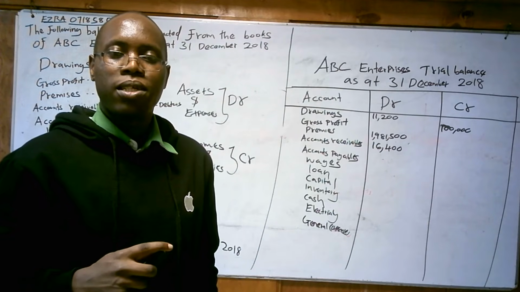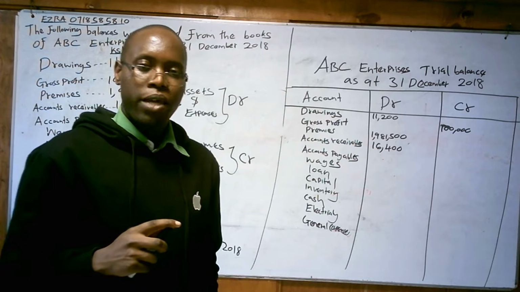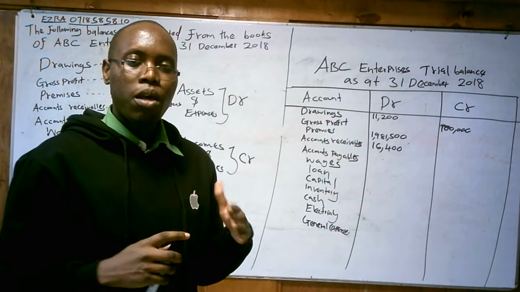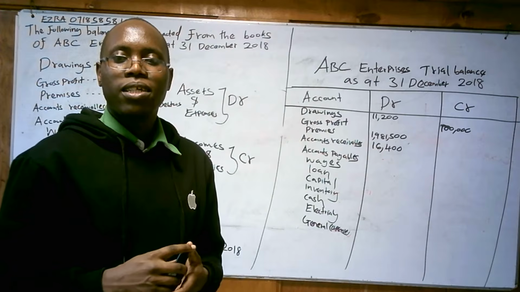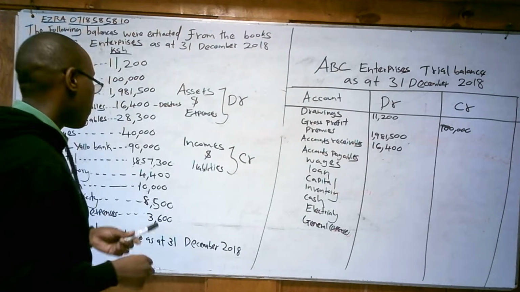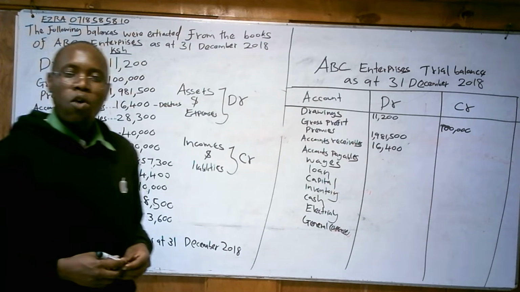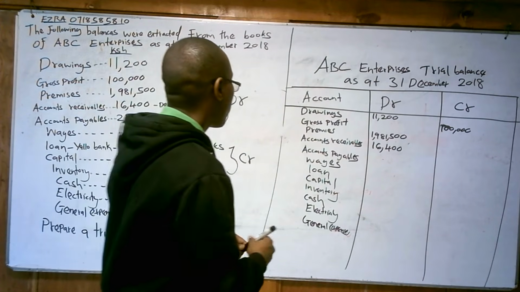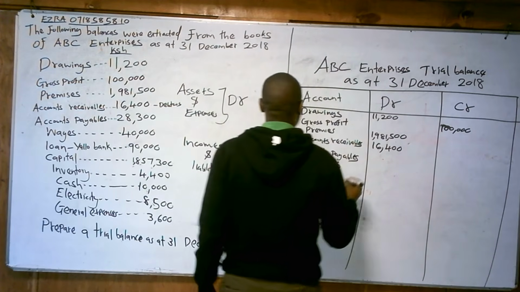They are actual liabilities, and accounts payables fall under the category of current liabilities. But for us, we are interested in whether it's an asset or a liability. In that case, accounts payables are liabilities, and liabilities are supposed to appear on the credit side of the trial balance. So that accounts payables amount, which is 28,300, is going to appear here.